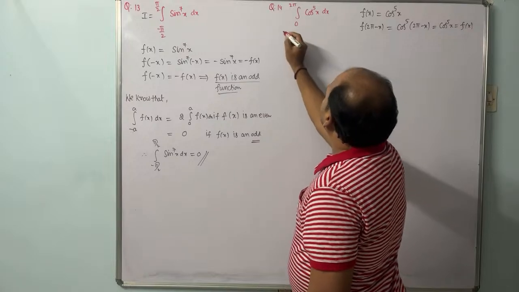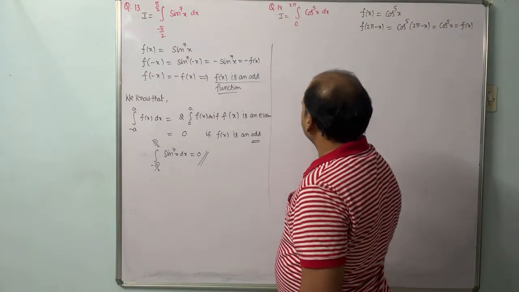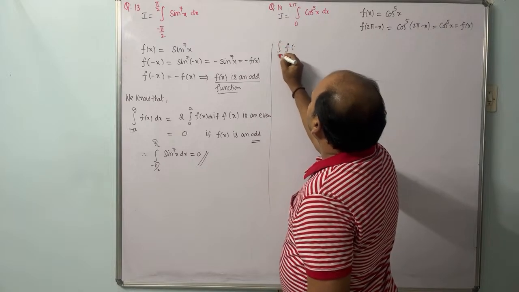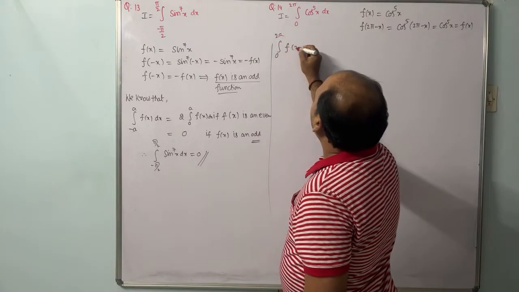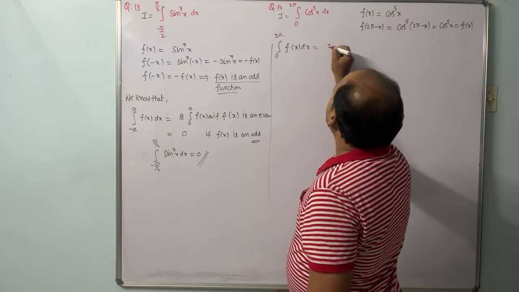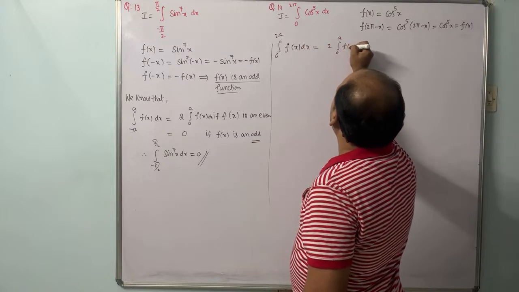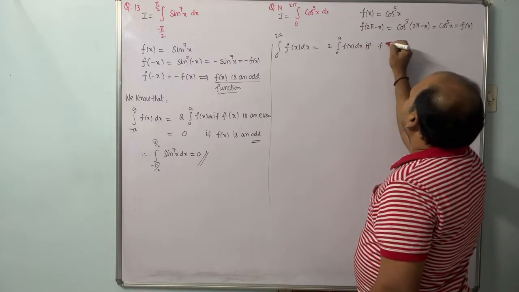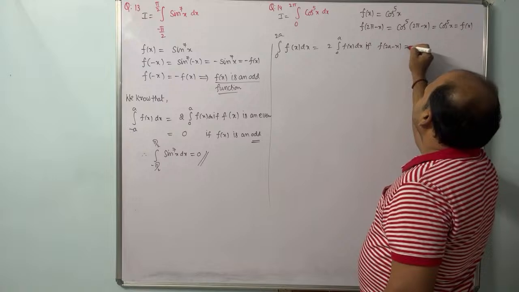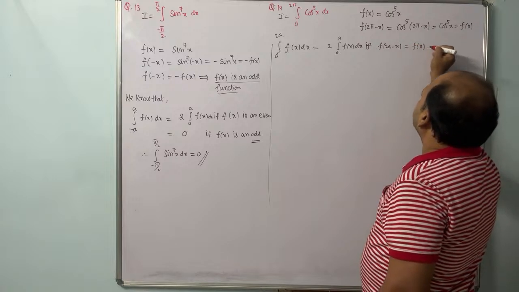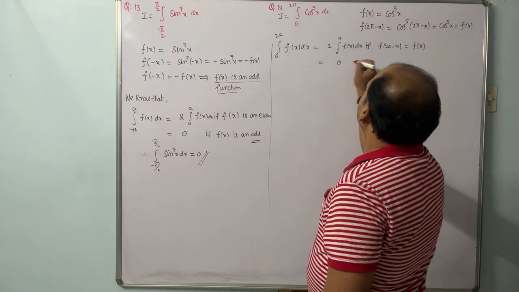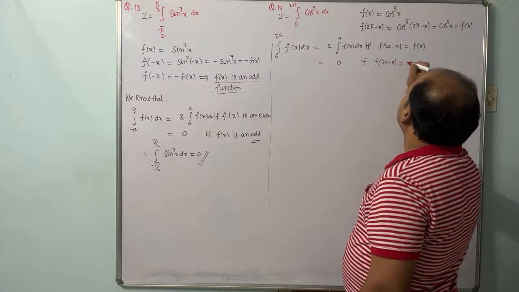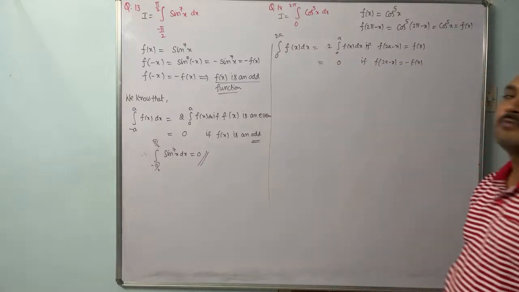So by using this given property, integral 0 to 2a f of x dx equal to 2 times integral 0 to half of the upper limit f of x dx if f of 2a minus x equal to f of x, which is equal to 0 if f of 2a minus x equal to minus f of x.